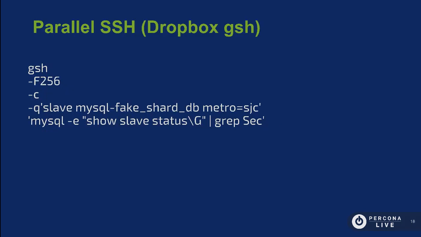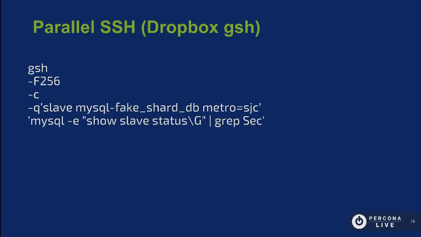And then finally, one of the other things that we do for scale is we use GSH. GSH is a tool that's out there and available. We've got our own version of it because we use it with our service discovery system. But basically, you can use GSH to run parallel SSH commands across multiple hosts.